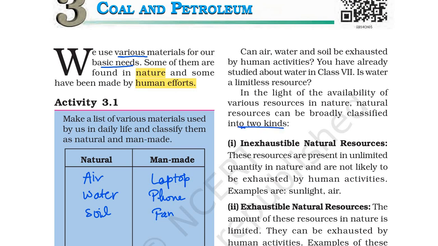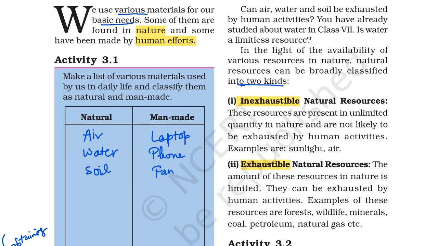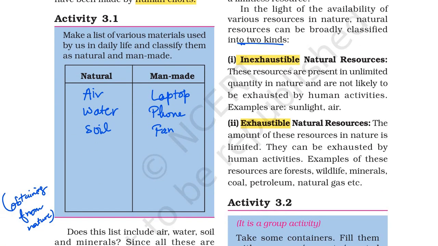They are broadly classified as inexhaustible, and the other one is exhaustible. What is inexhaustible in this case? That is present in unlimited quantity in nature. Remember, whatever is in unlimited quantity in nature, that would be inexhaustible, and they are not likely to be exhausted very easily by human activities.